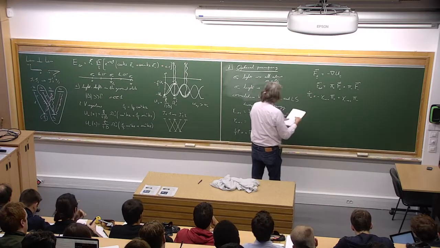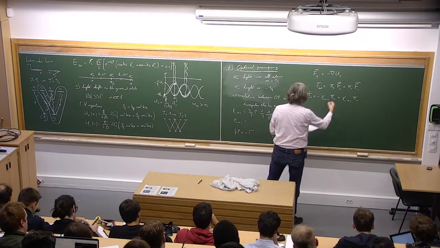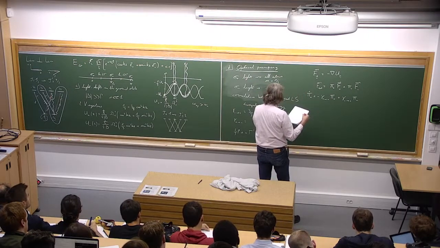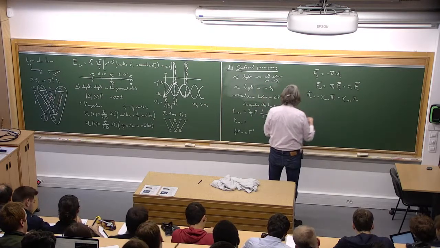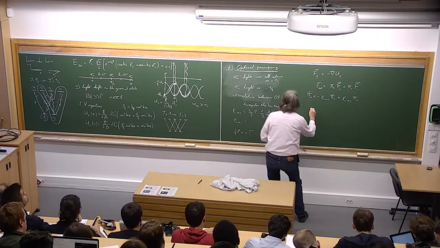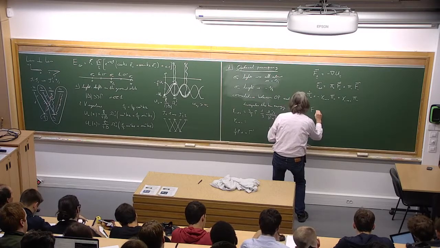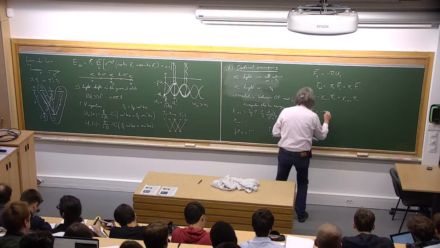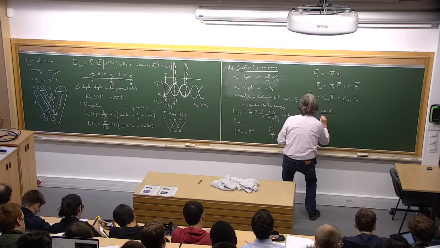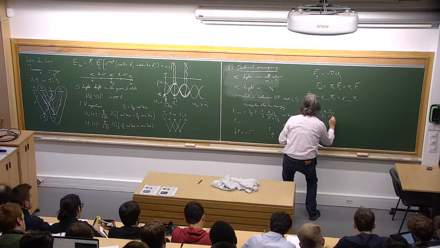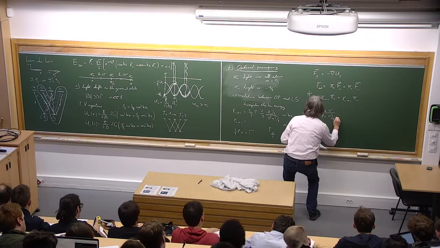So you can write the population of the two levels, and obviously if the atom moves, you also have to take this into account, and you end up with a force which is just alpha v divided by 1 plus v squared divided by a capture velocity squared.